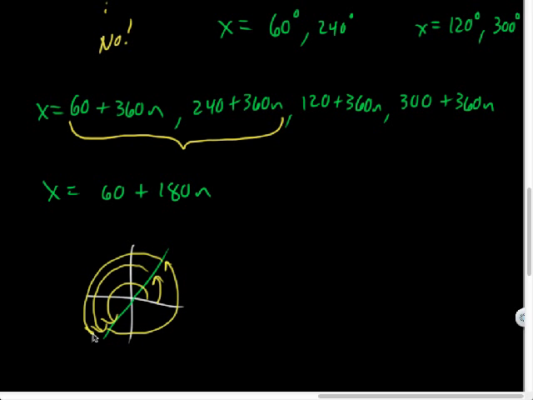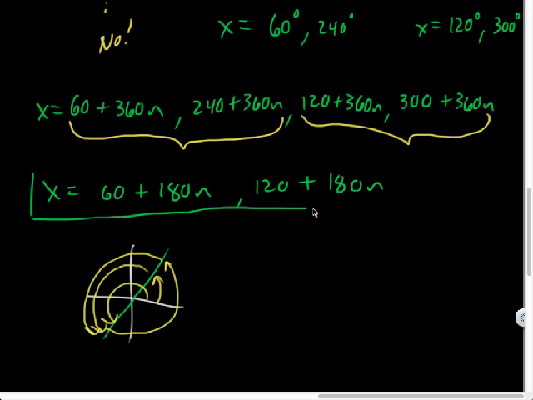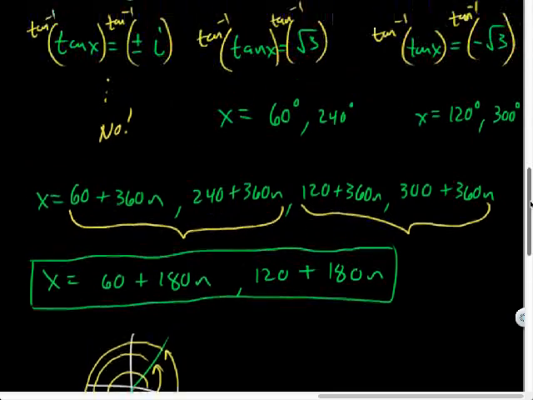So I can simplify that, and it turns out this can be simplified as well to 120 plus 180n. These happen to also be 180 degrees apart, so we might as well simplify them while we can. And we've just found all possible real values that would work for x in degrees for this original function.